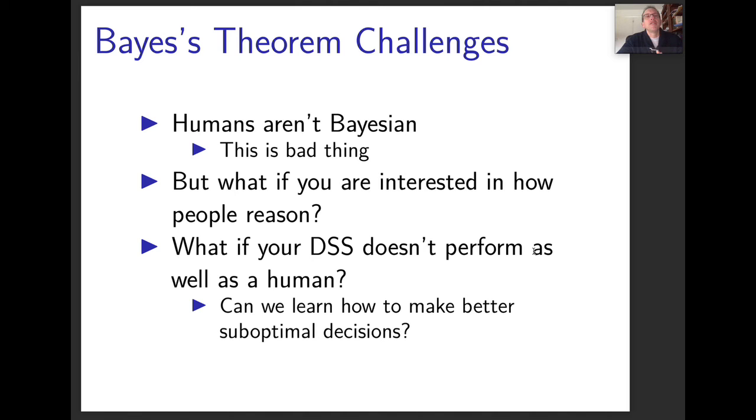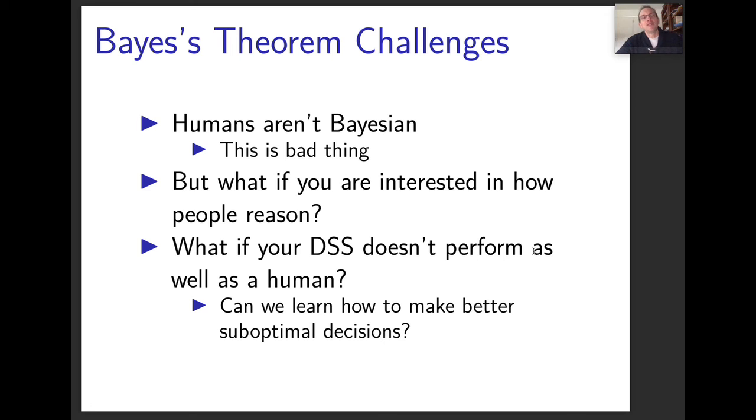Well, there are other issues. First off, there are many studies showing that humans aren't Bayesian. When given evidence, we don't compute the evidence in a Bayesian manner, and this is a bad thing. We do know that Bayesian is optimal in how we want to be doing things, but what if you're interested in how people reason?